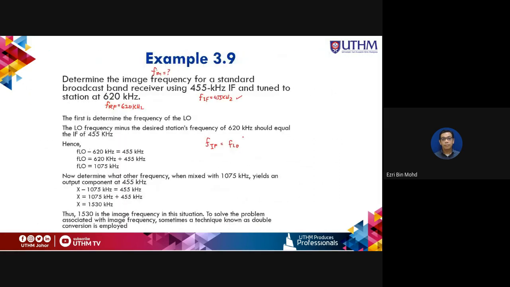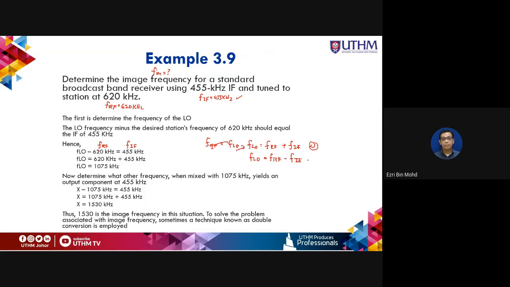Dah dua lah. So FLO equals FRF plus FIF. Here this one is FRF, FIF. So ni ambil ni.